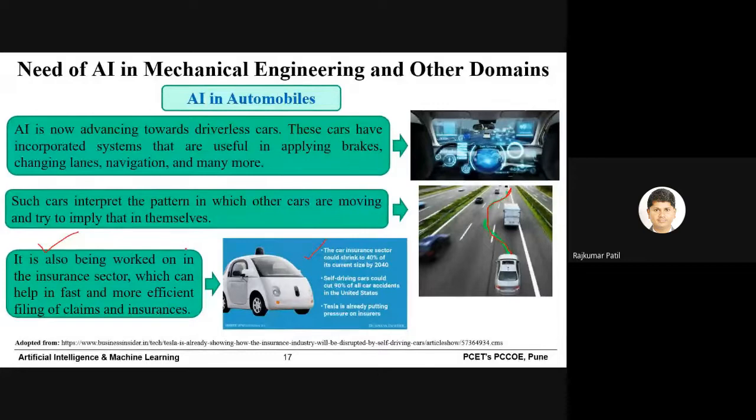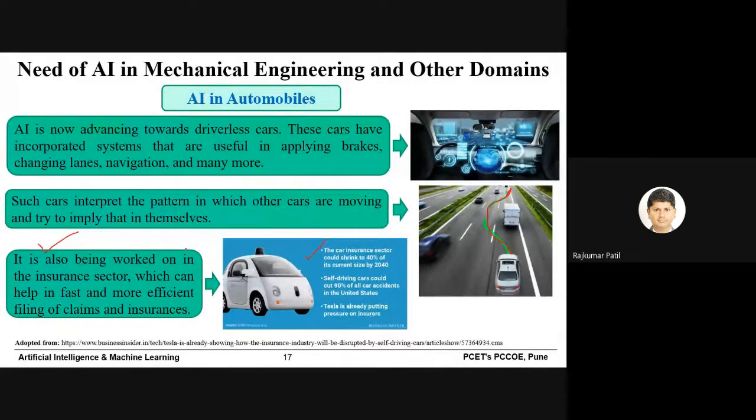And if you are violating the rules, crossing the signals many times, then that information will be generated and linked to your driving license as well as your insurance. As you are violating the rules many times, automatically your premium amount will increase.